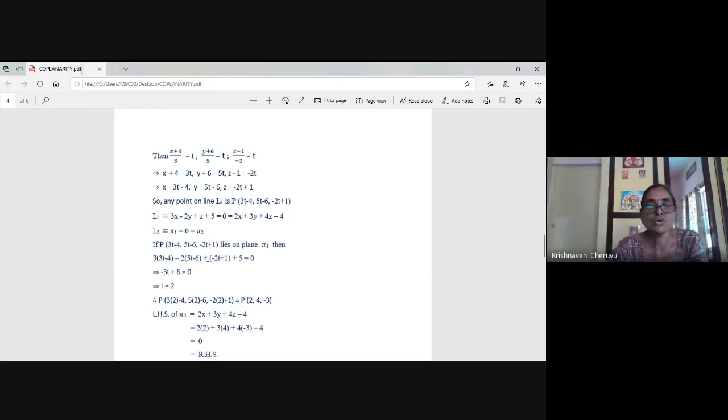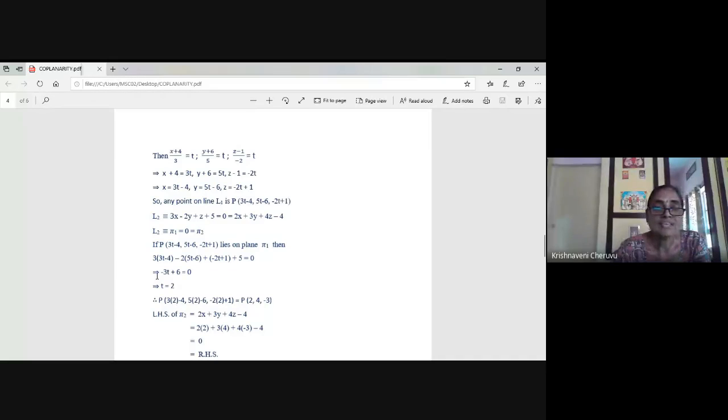One point I got on line L1, and I'm going to check whether this point also lies on L2, L2 being the intersection of two planes. I'm now substituting one point on line L1 in one of the planes.